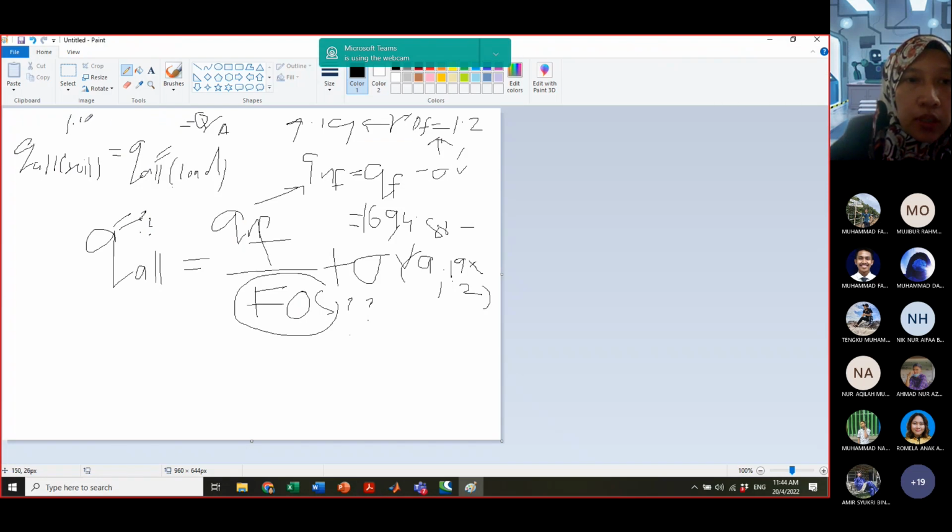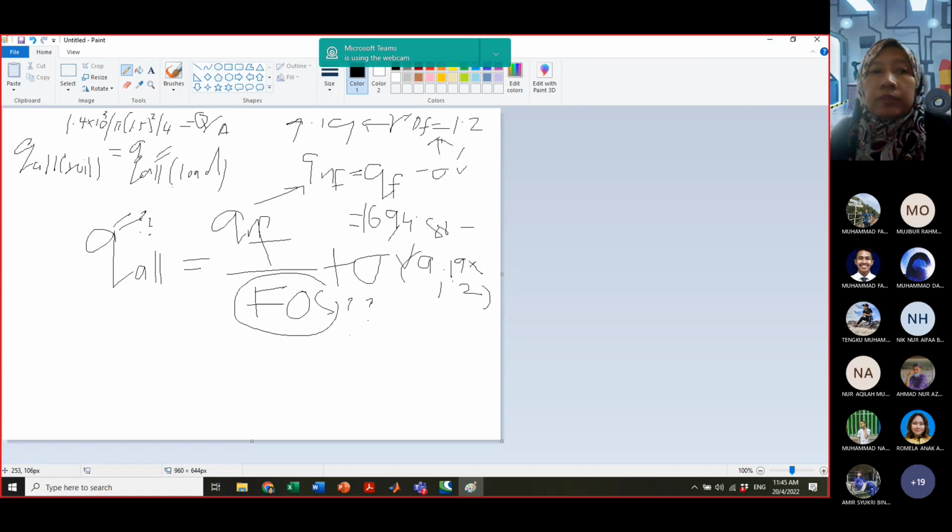So 1.4 darab 10 kuasa 3 bahagi dengan pi, diameter is 1.5 kuasa 2 bahagi dengan 4. So with that assumption, kita boleh letak kat sini lah.